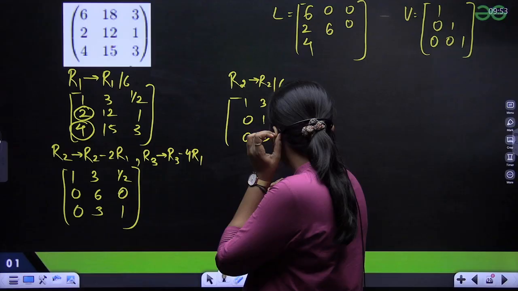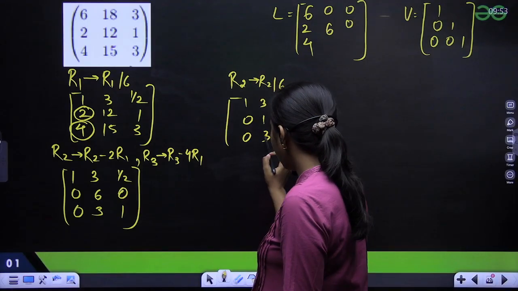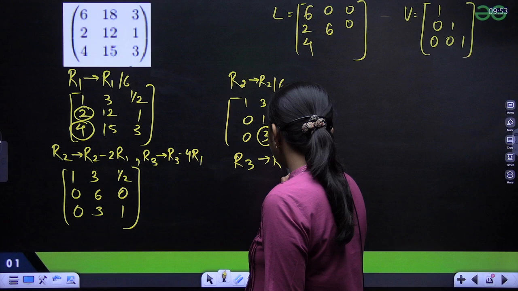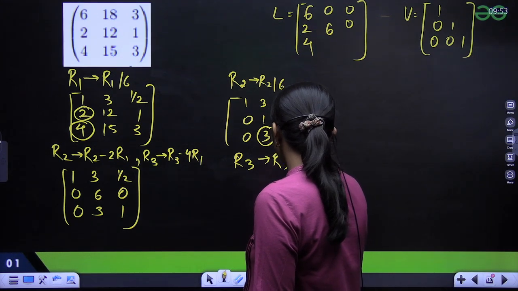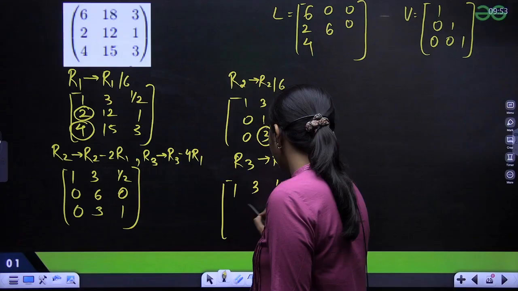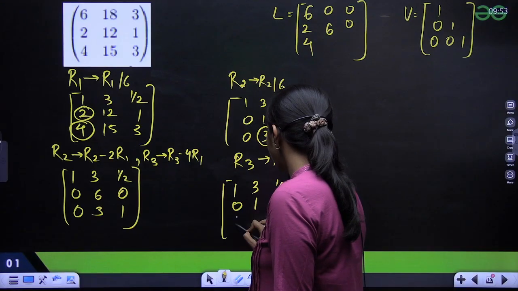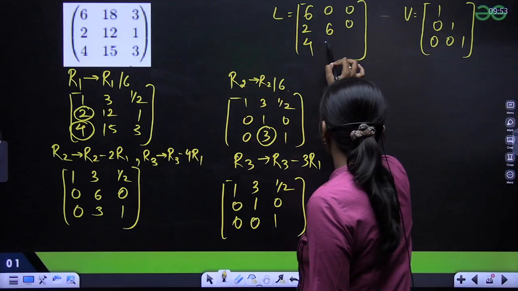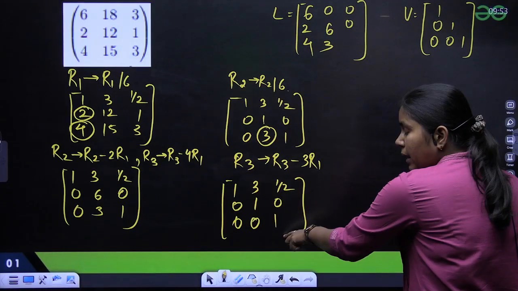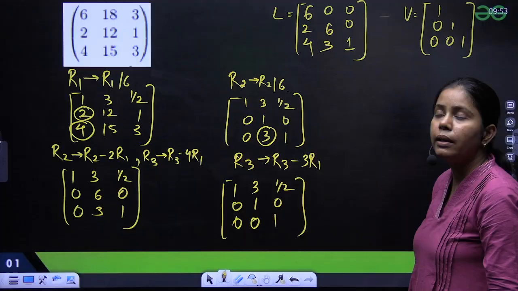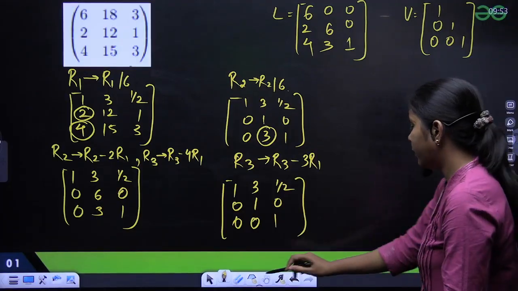If I solve it further, I have to make this value 0. R3 goes to R3 minus 3R2. 1, 3, 1 by 2, 0, 1, 0, 0, 0, 1. So I have subtracted 3 here, and here it is already 1, so I do not need to multiply by any number. Here it will remain 1.